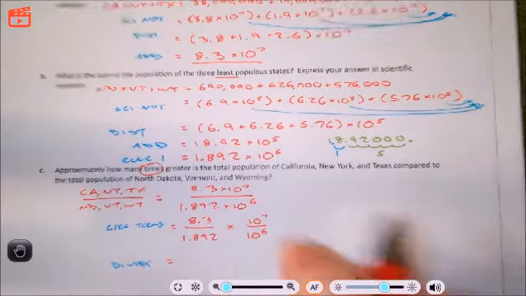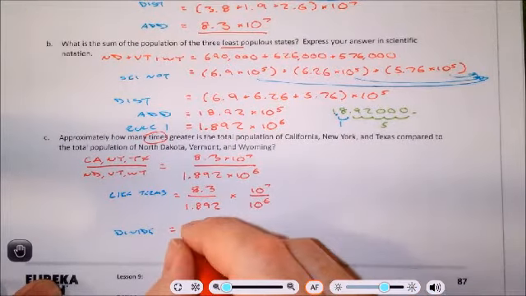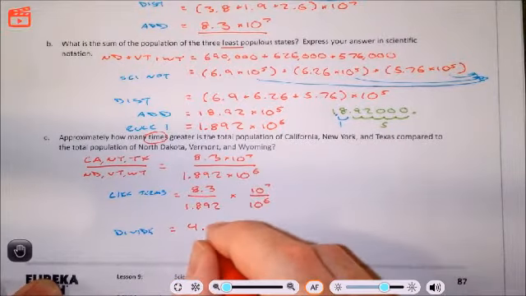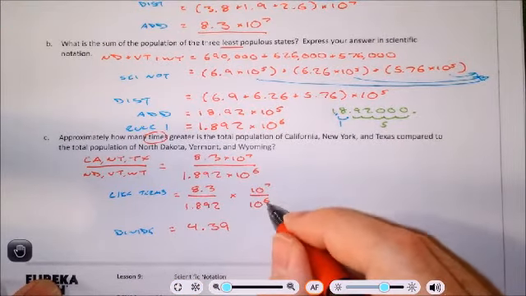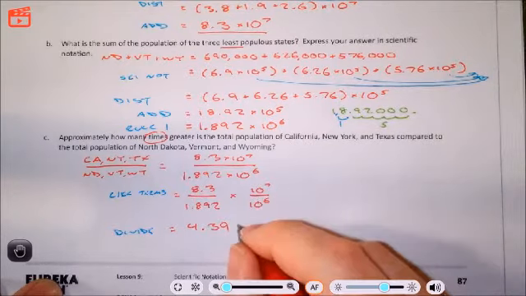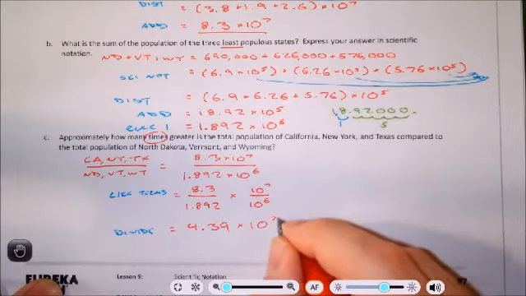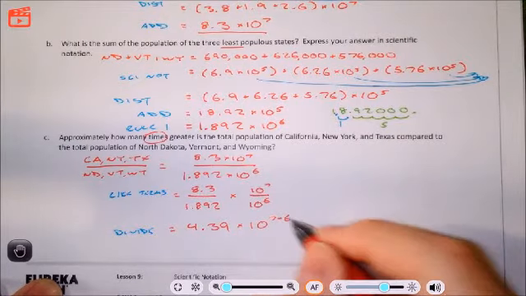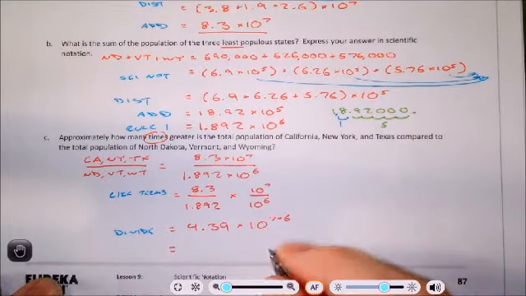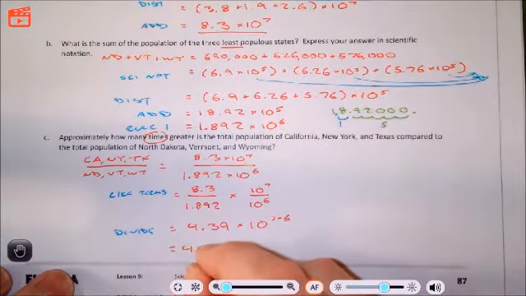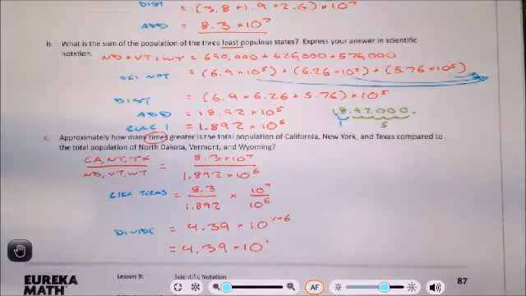This 8.3 divided by 1.892 I would type into a calculator, and you get about 4.39. 10 to the 7th divided by 10 to the 6th, well, that's an exponent rule. You know that when we divide the same base, we can subtract the exponents. We do 7 minus 6. This gives us 4.39 times 10 to the 1st.